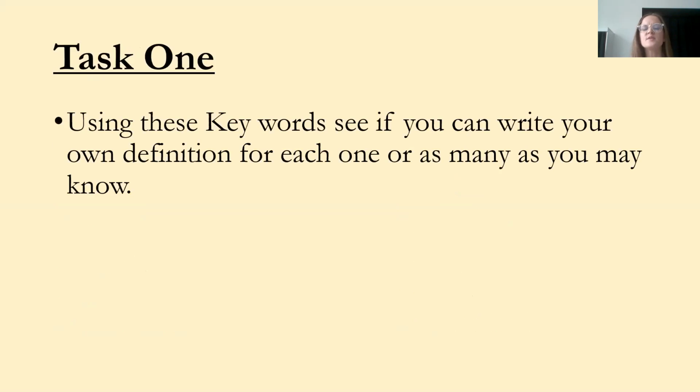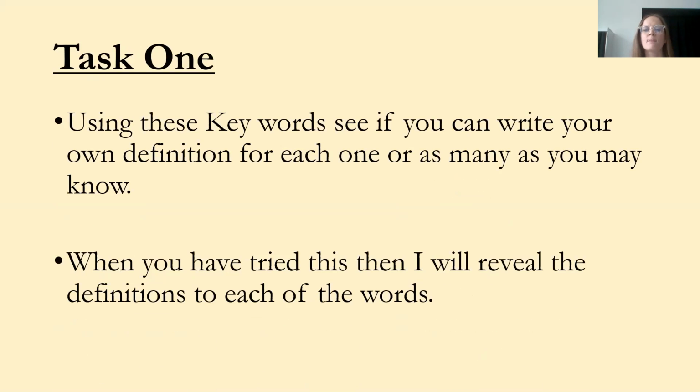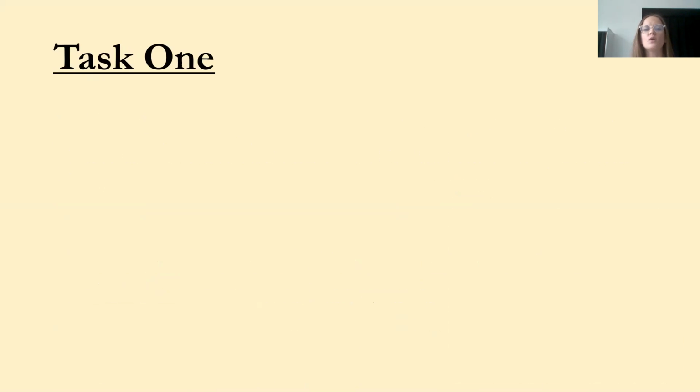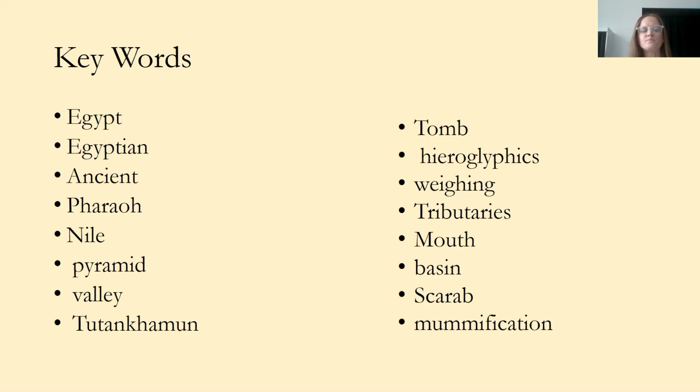So we're going to be using these keywords to see if we can write our own definition for each one, or as many as you are able to know. When you've tried this, we're going to then reveal the definition for each word. So I want you to write these words down and see if you can come up with a definition for each one of these words.